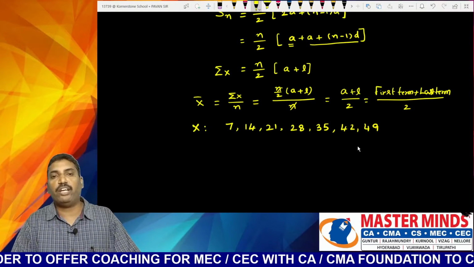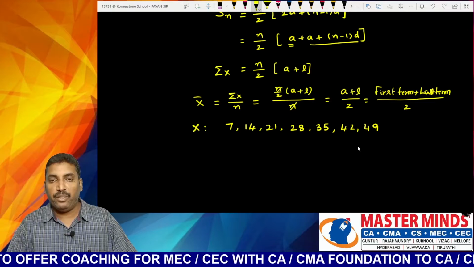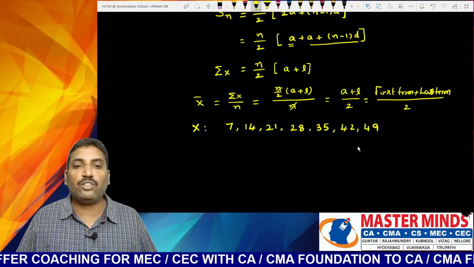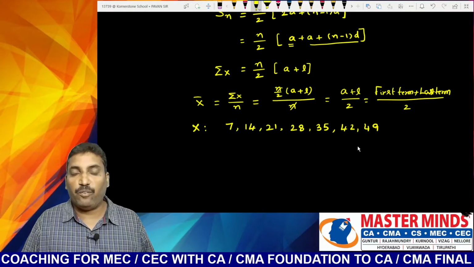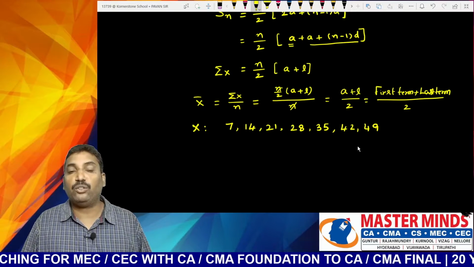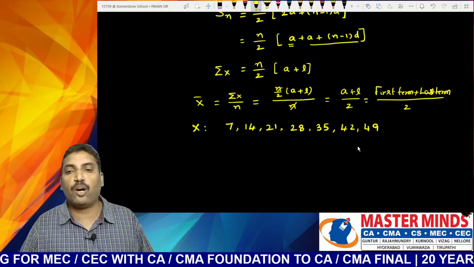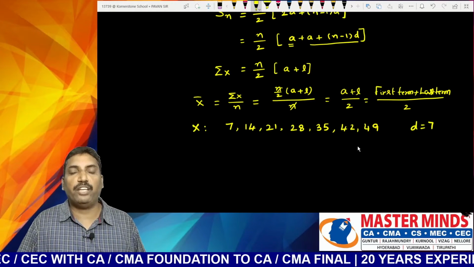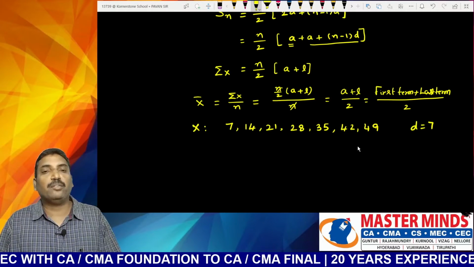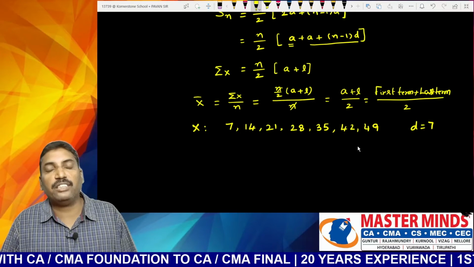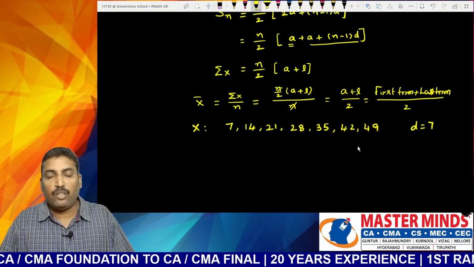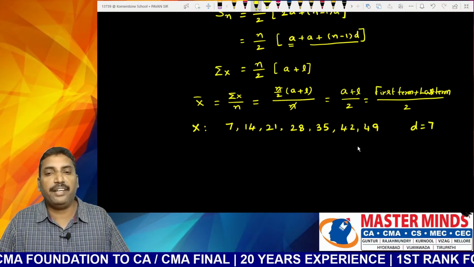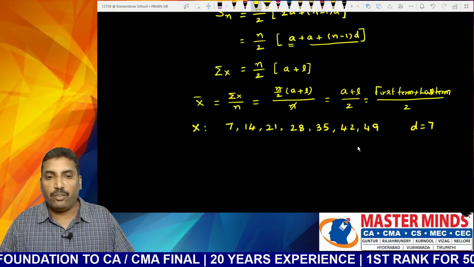Now I want to find the mean of this data. We can observe that these are multiples of 7. Of course, not only multiples of 7, they are in arithmetic progression with common difference 7. Of course, multiples of a number always follow an arithmetic progression with the common difference equal to that number.